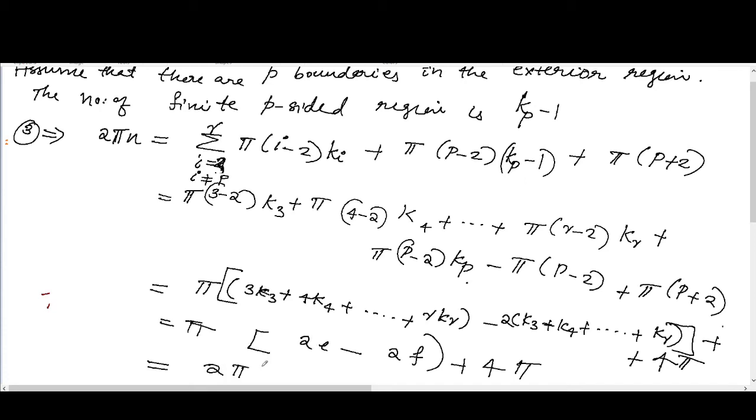So 2 pi into e minus f plus 4 pi. Okay, actually 2 pi n is equal to this one. Now you can cancel 2 pi throughout.